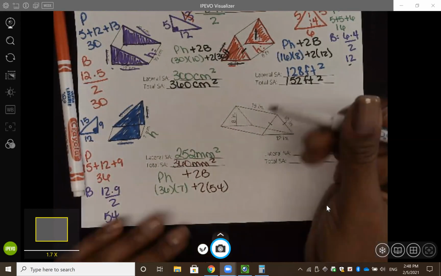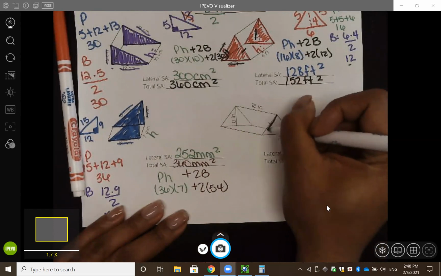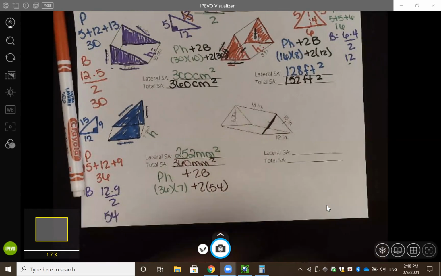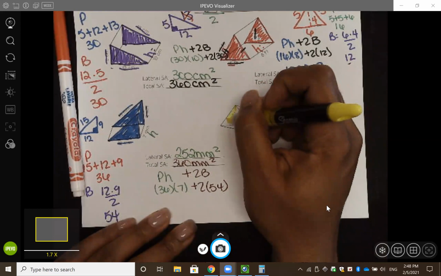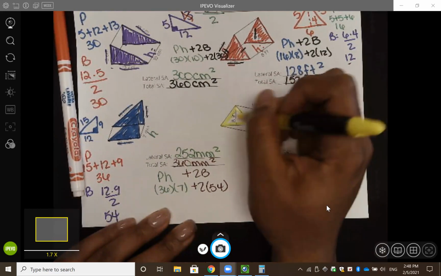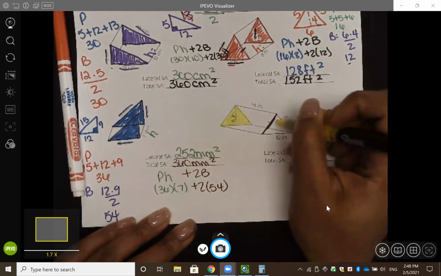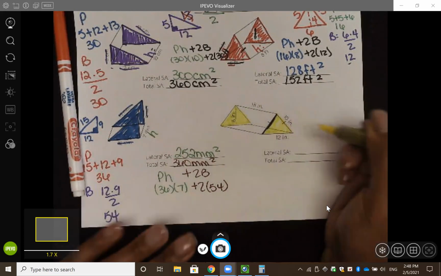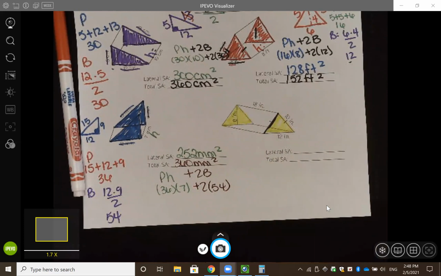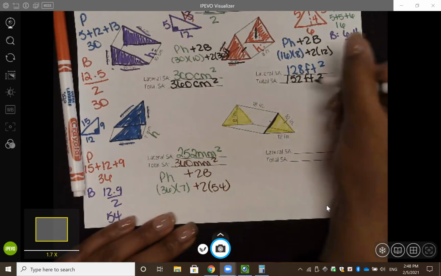Last one. Start out by shading in my bases. And when it's something like this, I like to use highlighters most of the time because I can still shade in my base and still see the number that's in it. So it just depends on what you have on hand. Got my bases shaded in. Now I'm going to recreate my base.